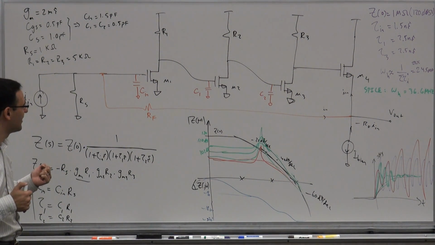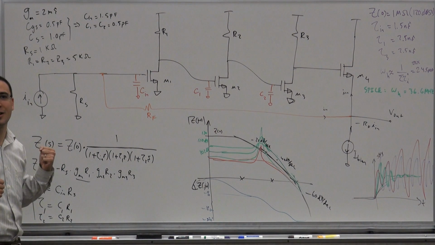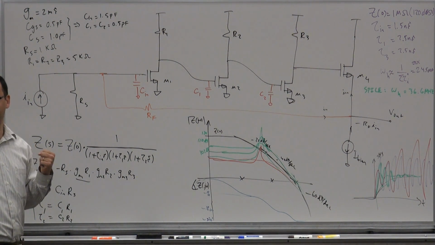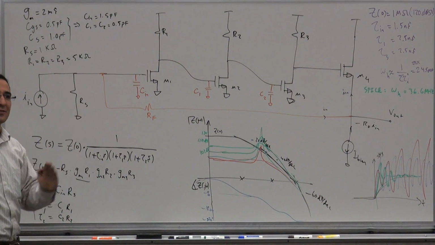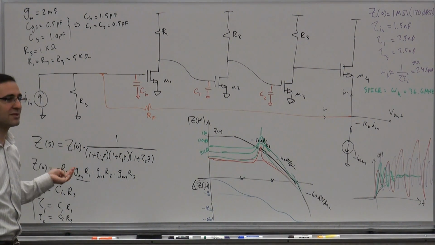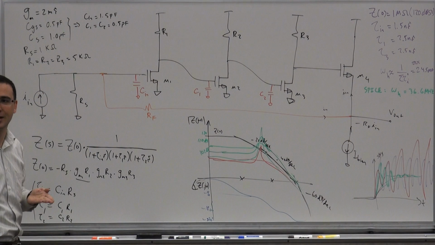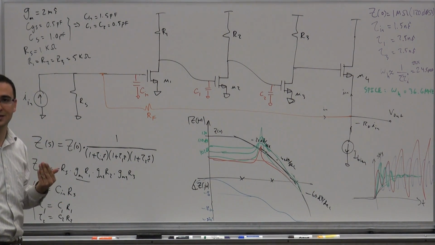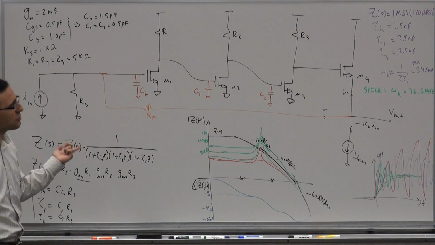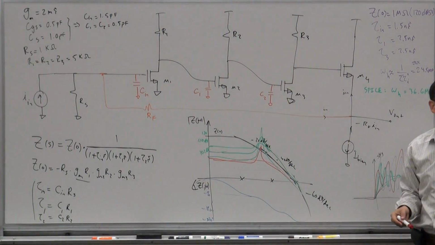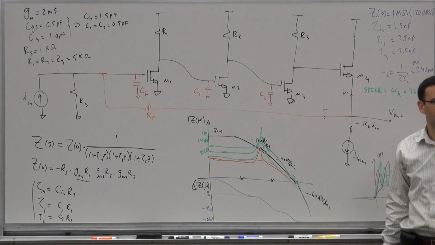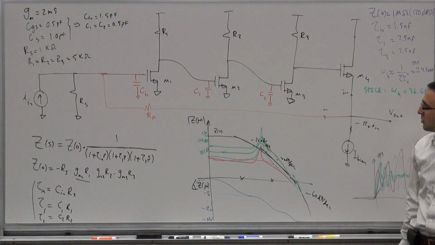Any suggestions? I want to make my life as easy as possible, so I want to pick a place if I can. In general, you cannot, if you take into account all the parasitics and everything. But in this case, we've simplified the circuit, so we can actually find points where one of the TI or TV goes to 0. This loop is actually unilateral anyway, because there's no signal going in the opposite direction here, because we have no capacitor on the input side of the feedback.